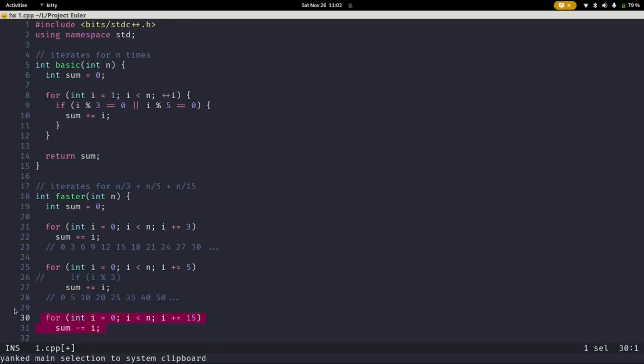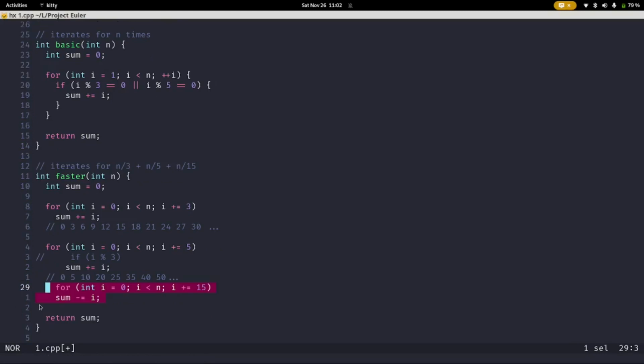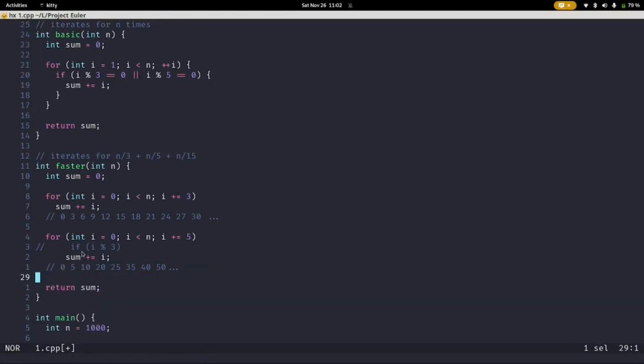And if we were to take this part away and just use this method instead, we would save on these n by 15 iterations as well. Now it just iterates for n by 3 plus n by 5 times.